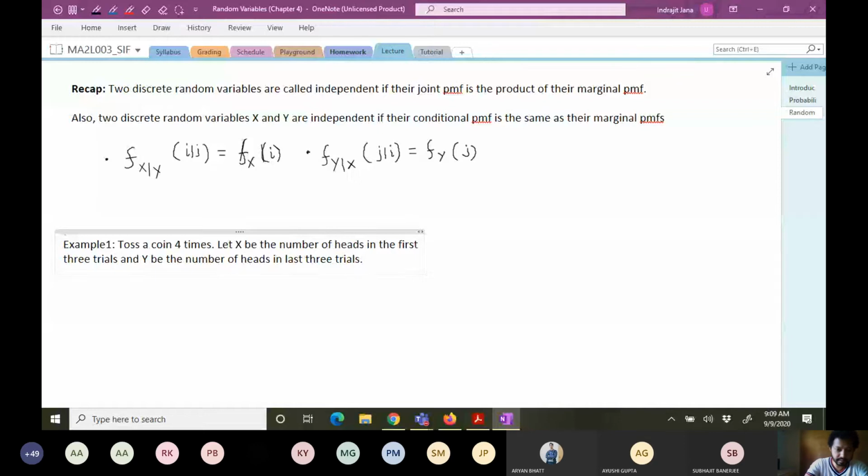You want to find the marginal PMFs of X and Y. And you also want to determine whether X and Y are independent.